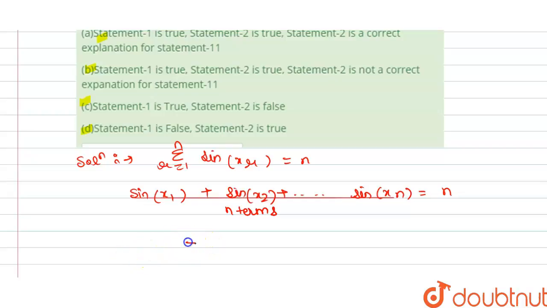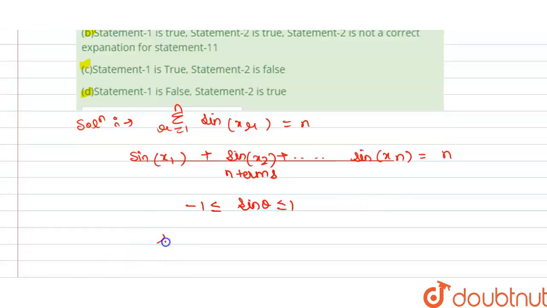From this, we know that sin theta lies between -1 and 1, so sin theta must be greater than or equal to -1 and less than or equal to 1. So sin square theta must lie between 0 and 1.